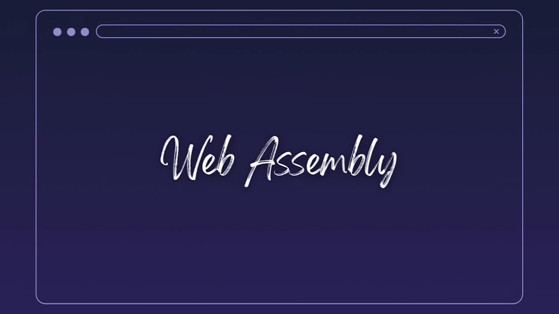WebAssembly is another area that is quite interesting. I don't feel we have explored it as much as we can yet, but there are a couple of use cases that are already existing out there. WebAssembly provides a way to run applications written in other languages on the web with near native speed.